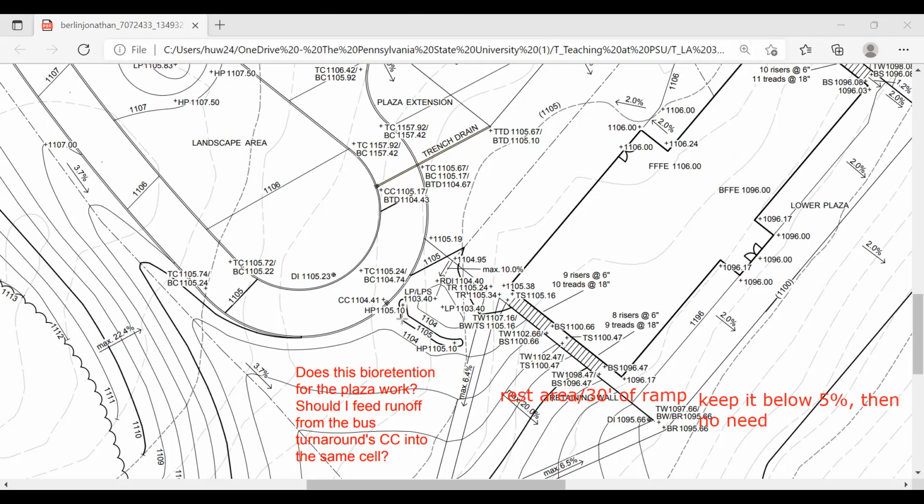Maybe this is a pretty good way for adding another cell in this area, using the 1105 berm that you have already over there. This connects directly to that one. So the curb cut here is 1104.41, meaning this one is actually lower than that one. Well, not necessarily. The LP here can be the same as that one, so they're roughly at the same elevation.